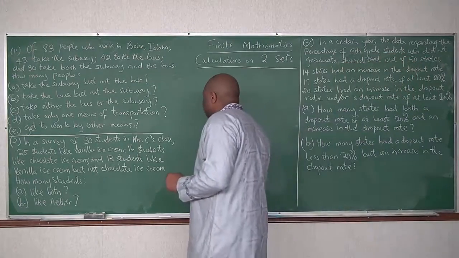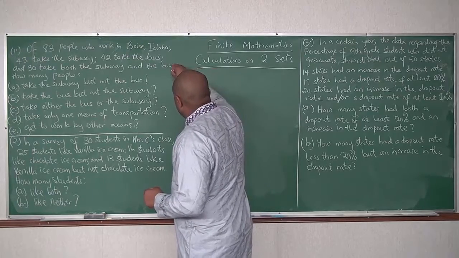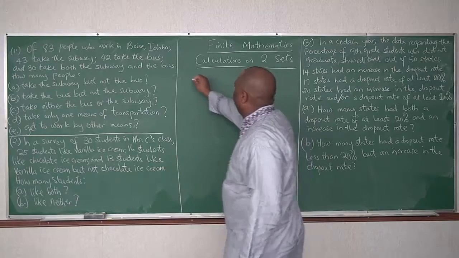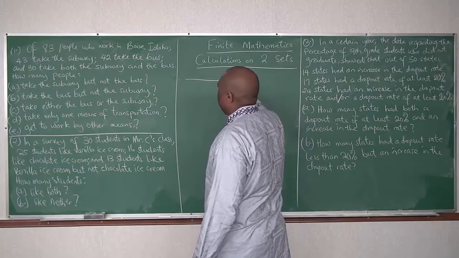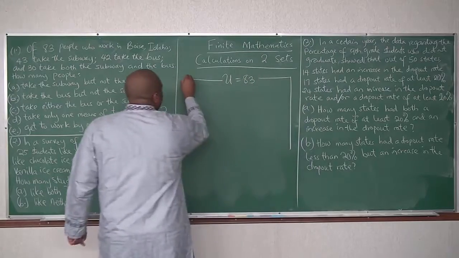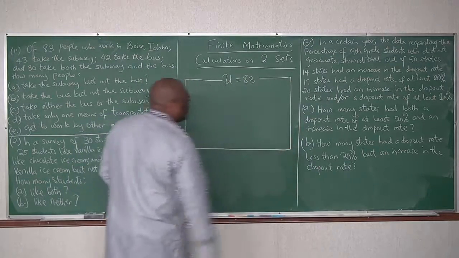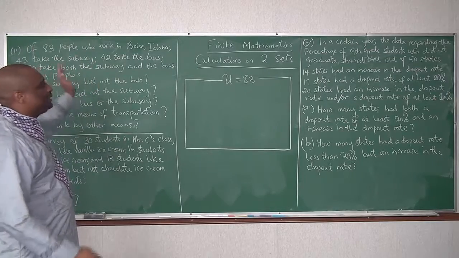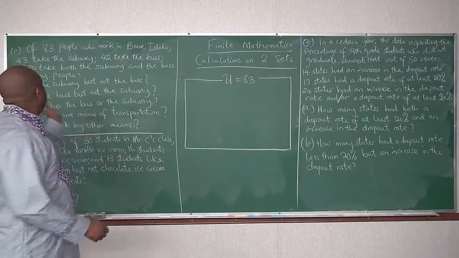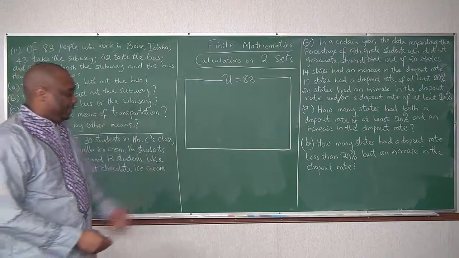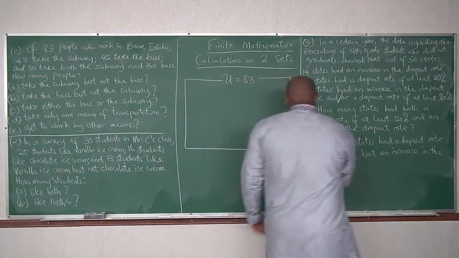So if we are solving this problem using Venn diagrams, we first of all write the universal set is how many? 83. First of all, what do we do first? We say let the people that take the subway be S, and let the people that take the bus be B. We need to define it first.